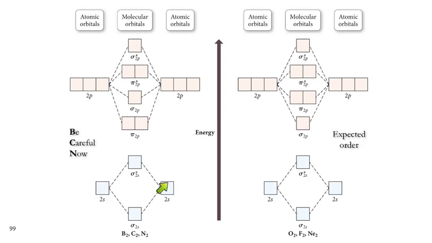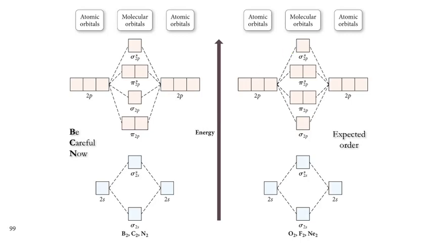So we've already looked at what happens when we overlap s orbitals. This is what we think of as normal expected order. We've got 3 p orbitals here and 3 p orbitals there from the 2 atoms. When we combine these, one of each of these overlaps end to end, forming a sigma bonding orbital and a sigma antibonding orbital.